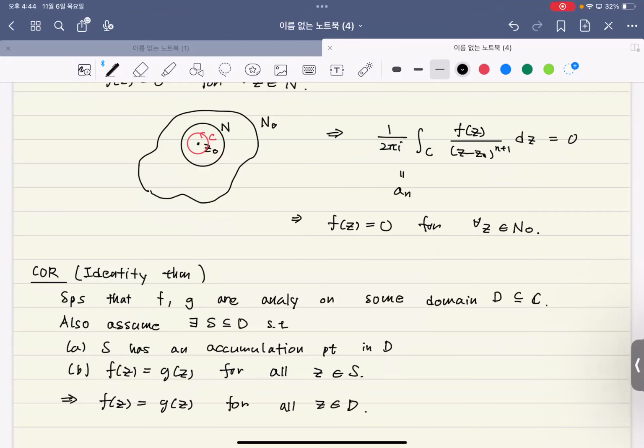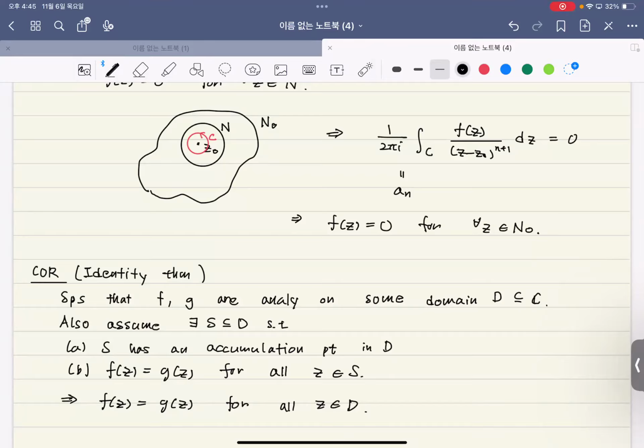I remember when I was first introduced to this theorem as an undergrad student, it was very striking to me. It means that being a complex analytic function is a very strong and rigid condition that can be imposed on any function.